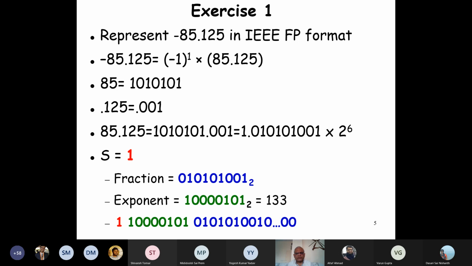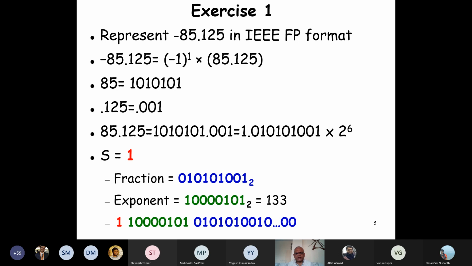Now, when we write the number, it becomes 1010101.001, and we need to use the exponent to express this in a normalized form. And we find that we have to shift the binary point 6 places, right, 2 to the power 6.